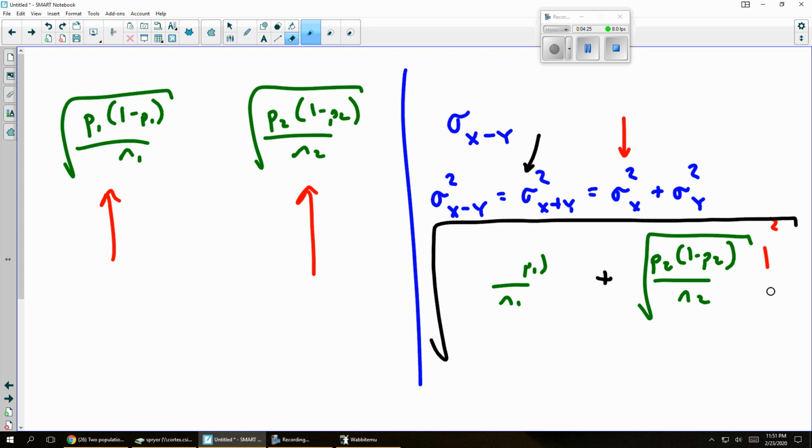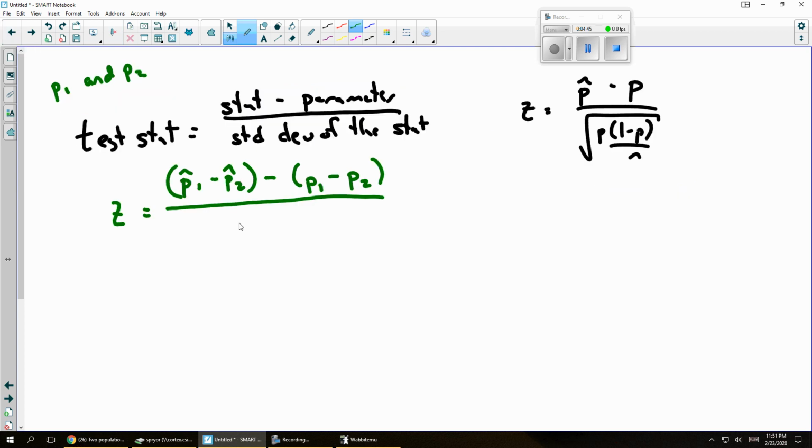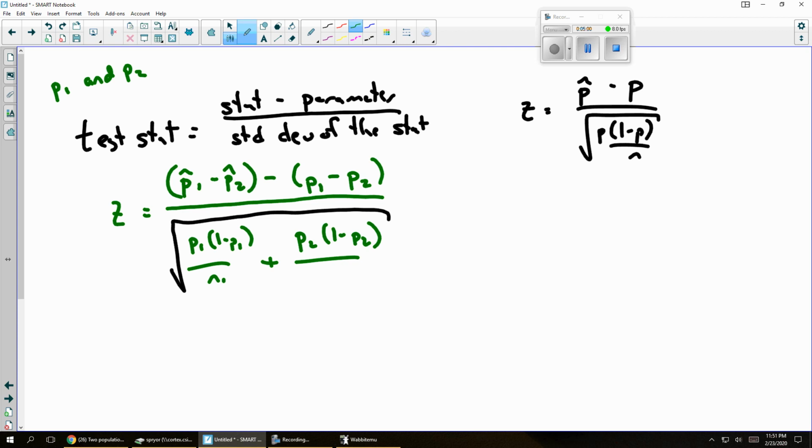That square and that square root cancel out. Now I had deleted a little bit too much. So we can see this was P1, 1 minus P1. There we go. So that's what we're left with, and that's what goes on the bottom of this fraction right here, the square root of P1, 1 minus P1 over N1 plus P2, 1 minus P2 over N2.